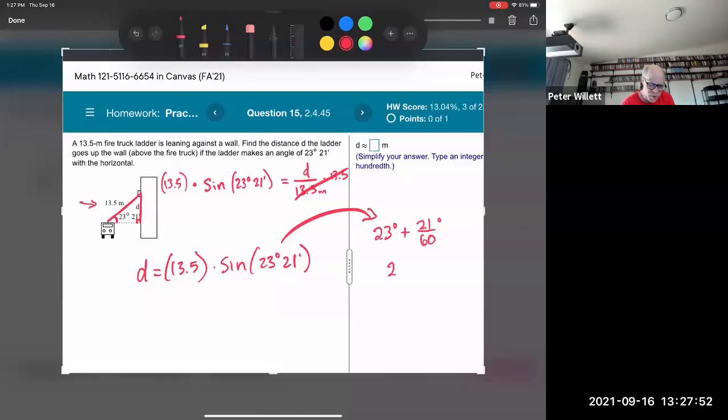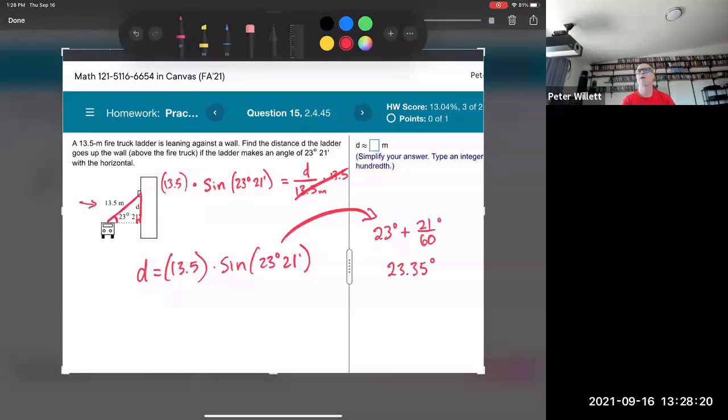So this is the same as 0.35 degrees in a decimal form for the calculator. All right, so I take that angle, 23.35 degrees, and I take the sine of that angle, and I multiply that by 13.5.